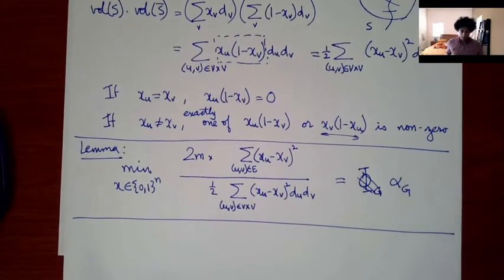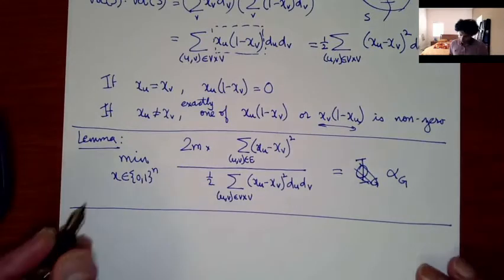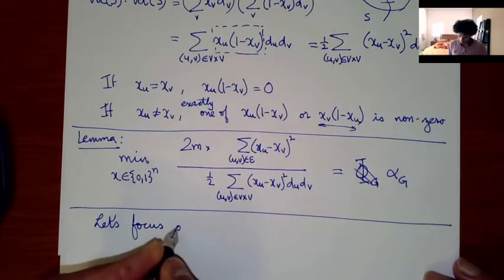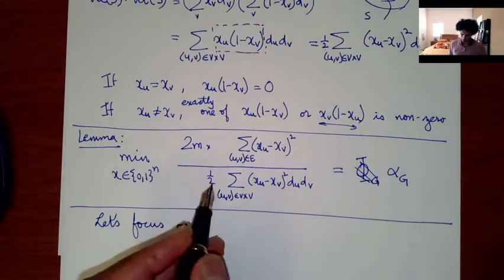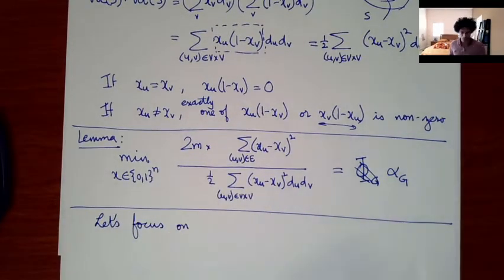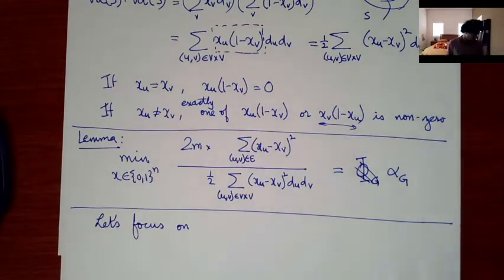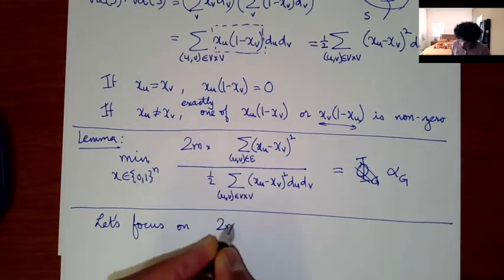All right. So let's focus. I'm going to ignore the 2 factor. It's just a constant. I'm going to keep the 2m lying around because that is going to be convenient to keep around. So let's focus on this again.